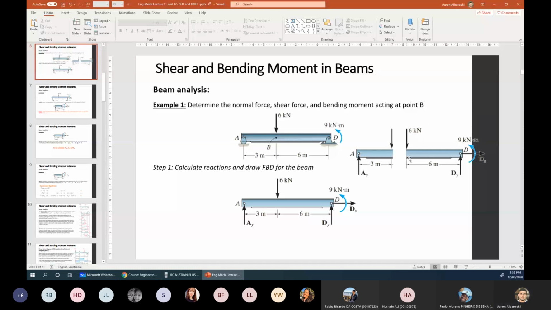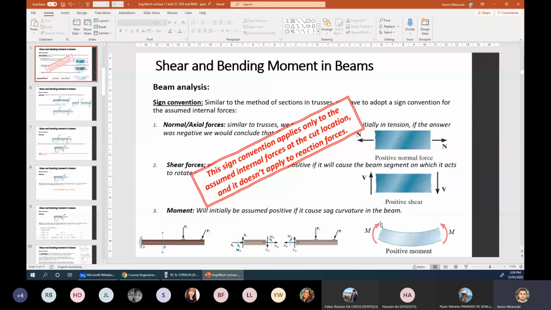So the moment we're assessing, the positive moment was counterclockwise, correct? Because that's what we assumed, the moment has to be clockwise to make this sag curve. Look at it. That's really tricky.